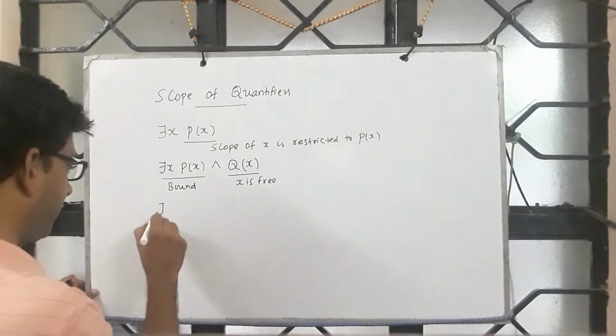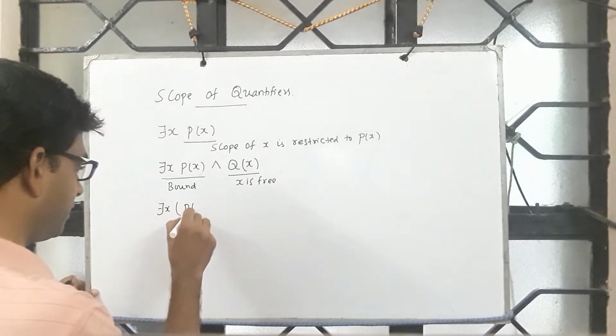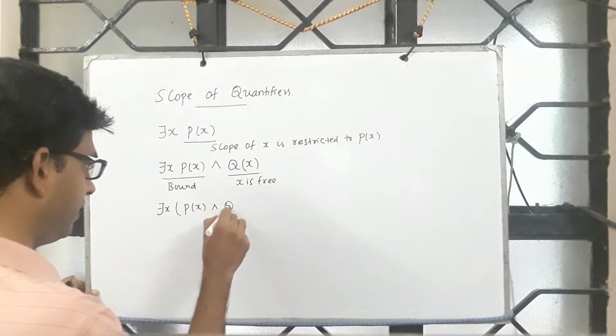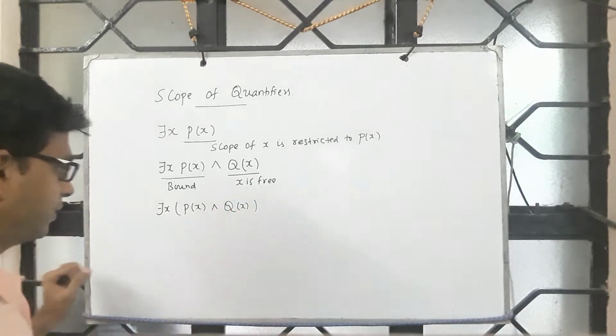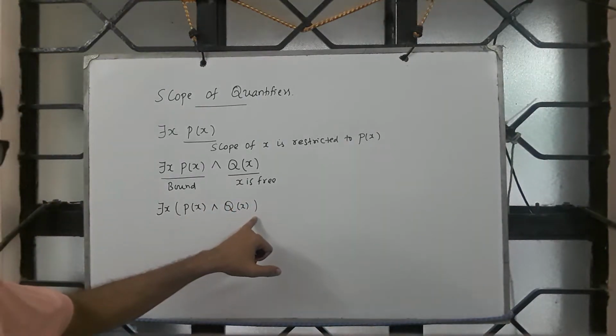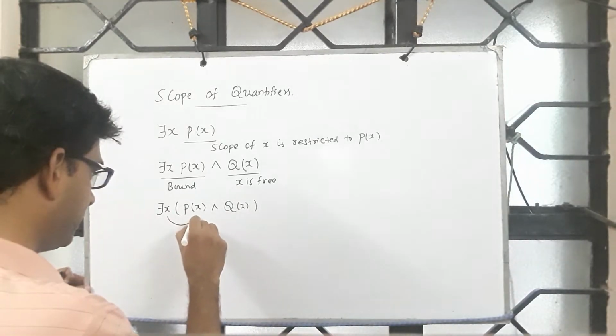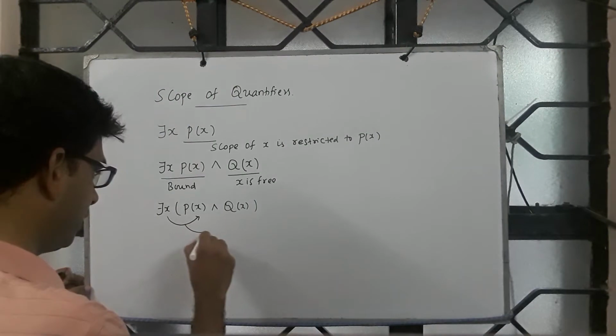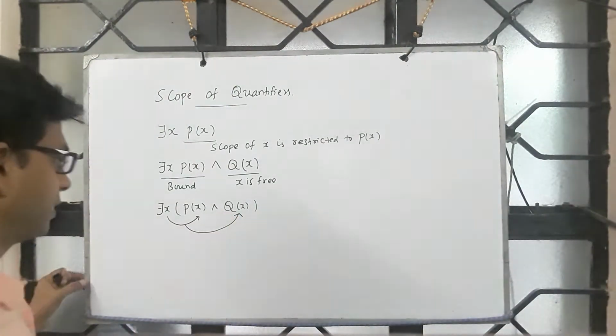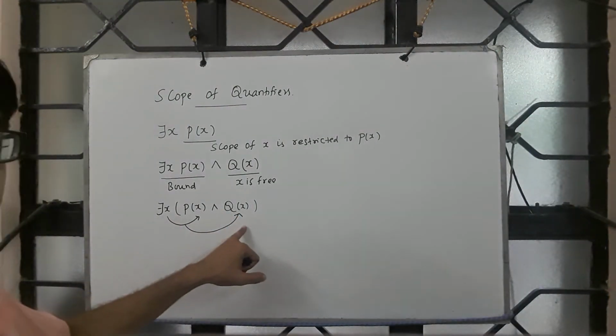However, when I say there exists x, p of x and q of x, please note there are braces over here, which means this x has control over both predicate p as well as q.